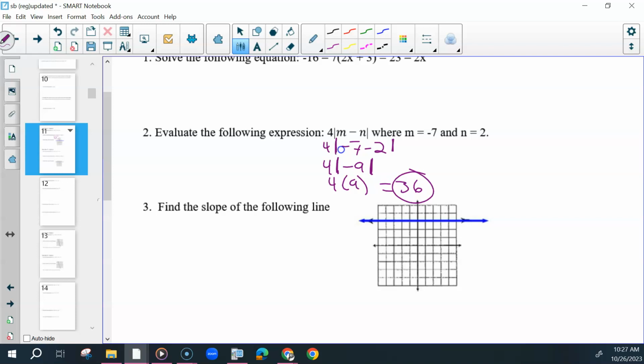When there's nothing else left to do on the inside, you make it positive. If it's already positive, does it make itself negative? No, it would just stay positive. Because it became a positive and these two things were multiplying, I could have just put a dot. Other questions on that one?